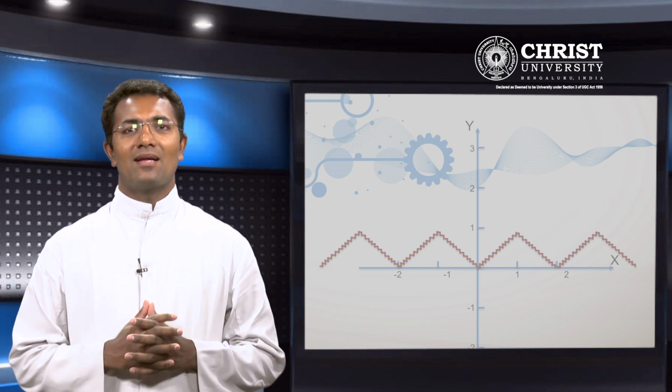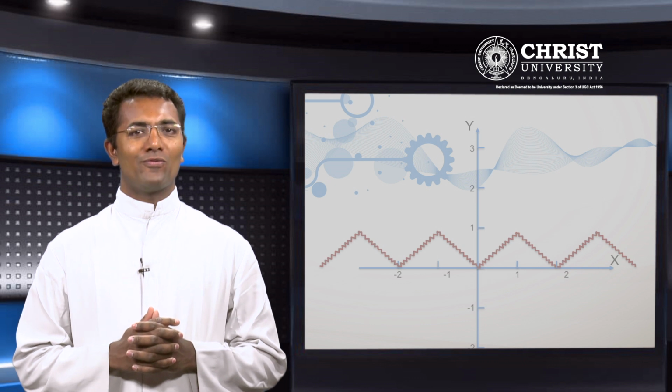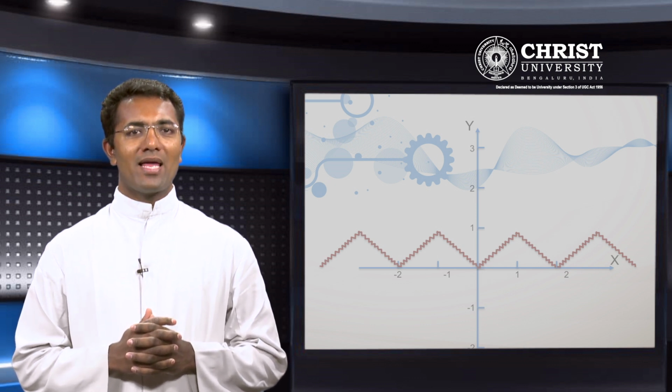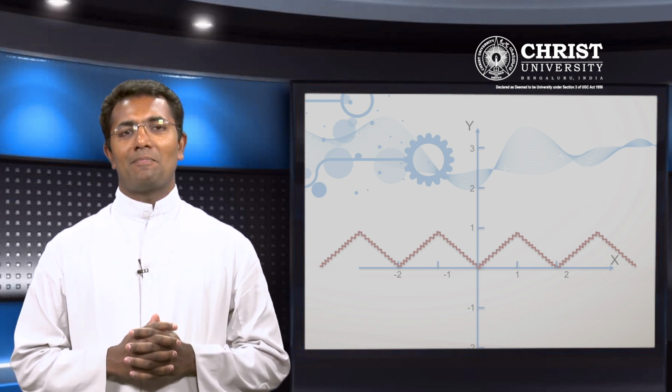Let us evaluate phi of 4 power n into k plus 1 upon 4 power m minus phi of 4 power n into k upon 4 power m.